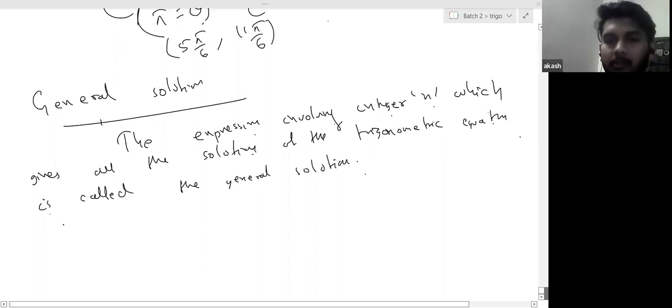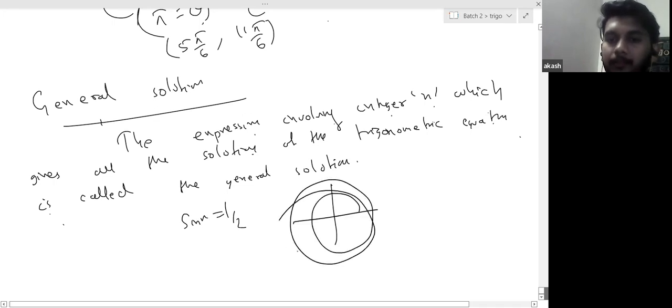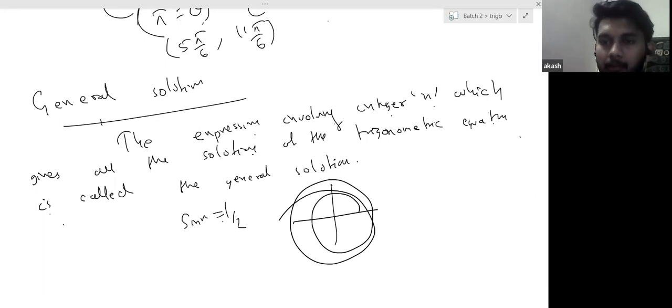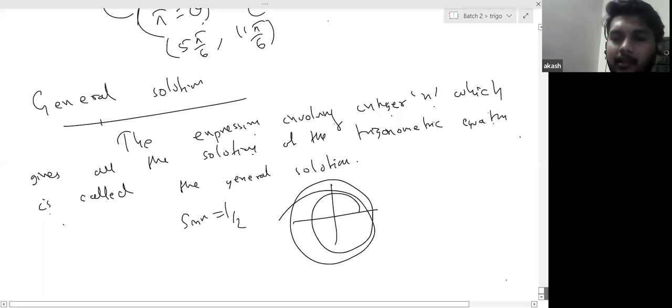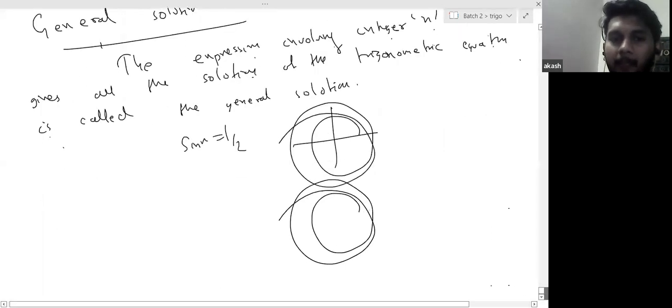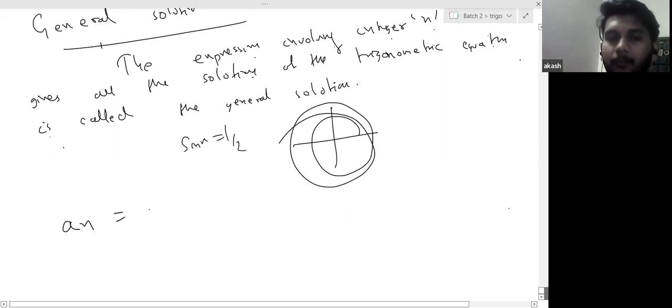All right. So what is this? I told you can get infinite solutions for a single value of a trigonometric equation. Like if sine x is equal to half, then you keep on taking circles and you will get different values of x. So we try to write all the solutions in a single expression. Like in class 10th, you studied AP, right? There was a term called general term, right? a plus n minus 1 into d.